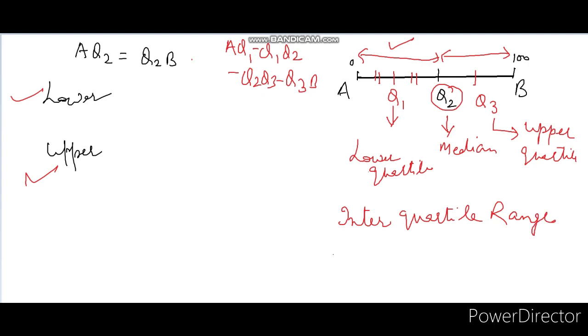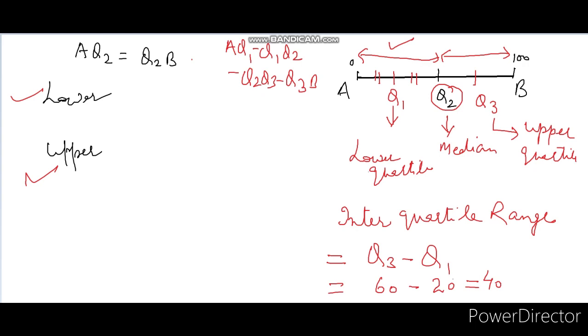We get it as the difference of the upper quartile minus the lower quartile. Suppose your upper quartile is 60 and your lower quartile is 20; then the interquartile range will simply be the difference, 40. That is all about the definition part.